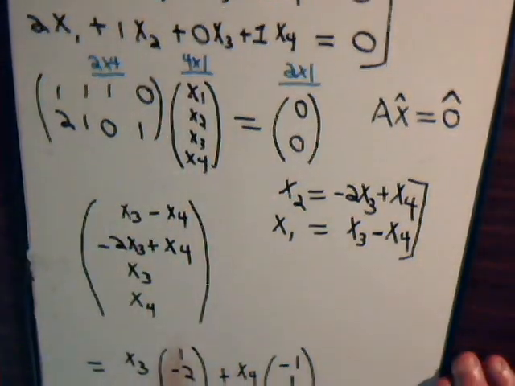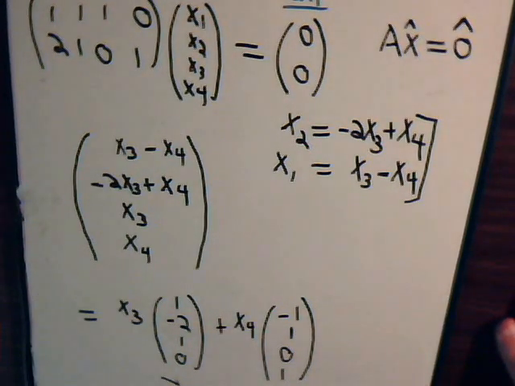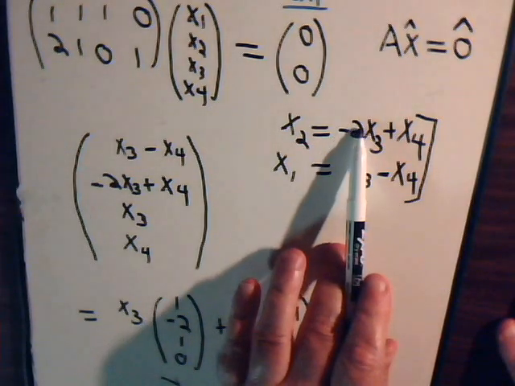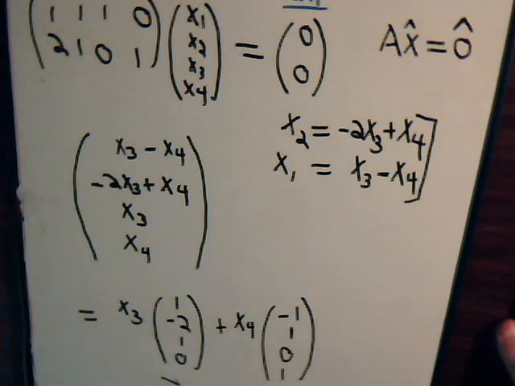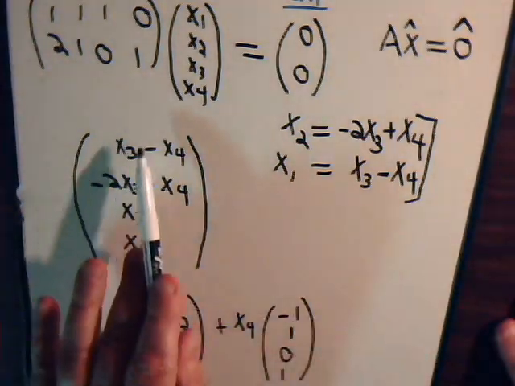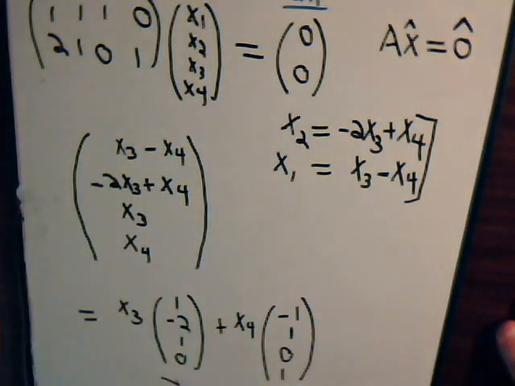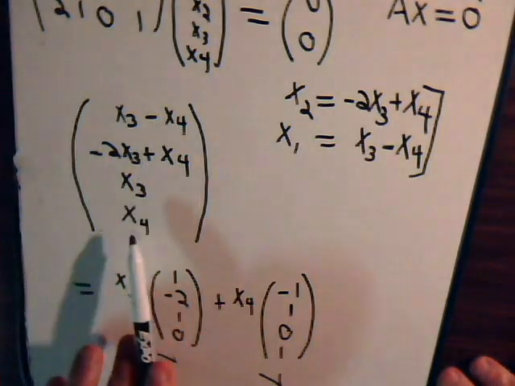The best we can write it is this: x4, which can assume any value, x3, which can assume any value, x2, which we can write in terms of x3 and x4, so we have this, x1, which we can write in terms of x3 and x4, so we have this. What we can do is take one step further and factor out the x3 and x4. Add these together, we're going to get this.